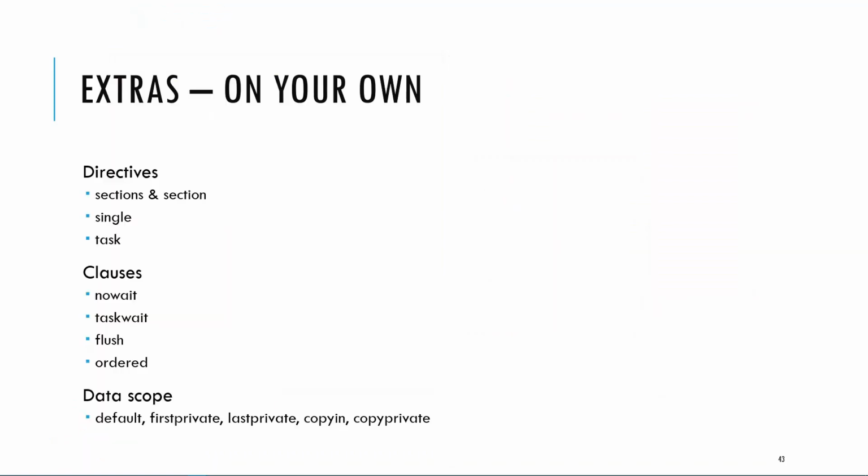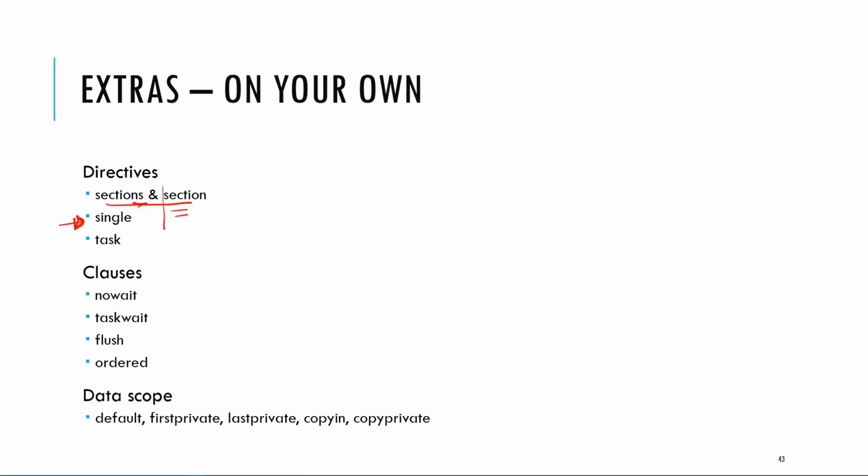You have some extra clauses, directives, and ideas that you can read in the online documentation of OpenMP, such as how to declare parallel sections with multiple sections inside, as the name says. We already discussed the single clause to make sure that within a certain parallel zone, one single thread executes a certain section of code.